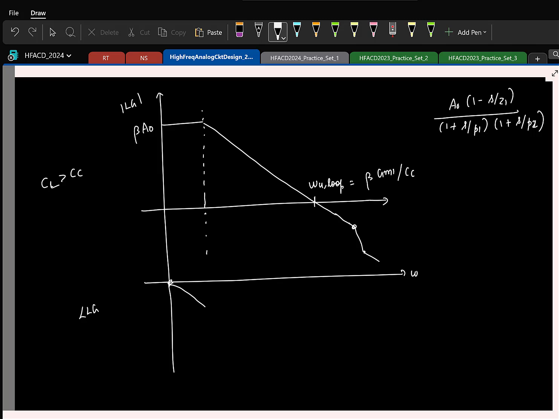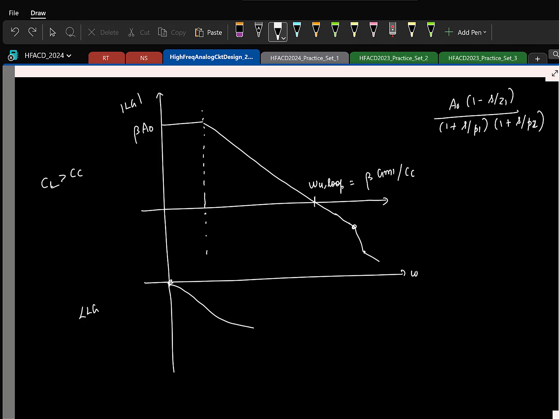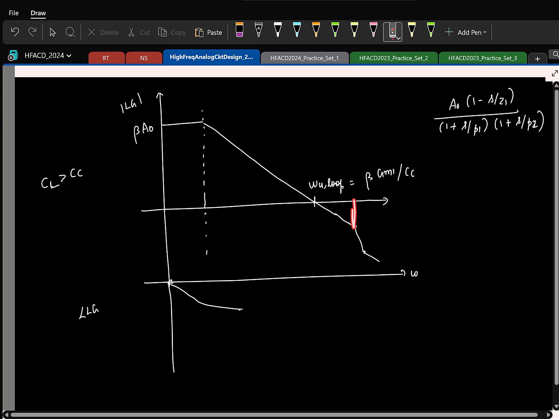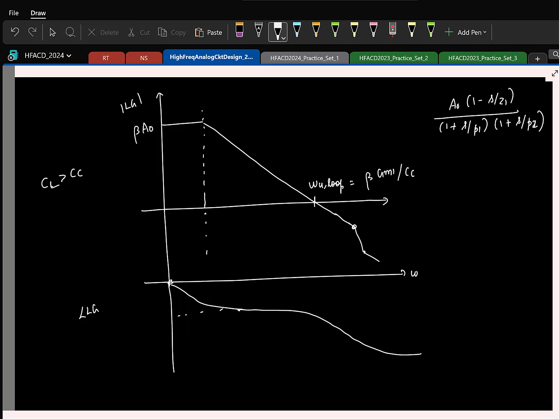You have the first pole, it will drop, it will try to go to minus 90. And then the second pole is occurring here. So the phase will start to drop somewhere here, and then do this. So let's say this is minus 90, minus 180, and it asymptotically reaches minus 270. Right? So at the unity loop gain frequency, we have so much as the phase margin. Okay.